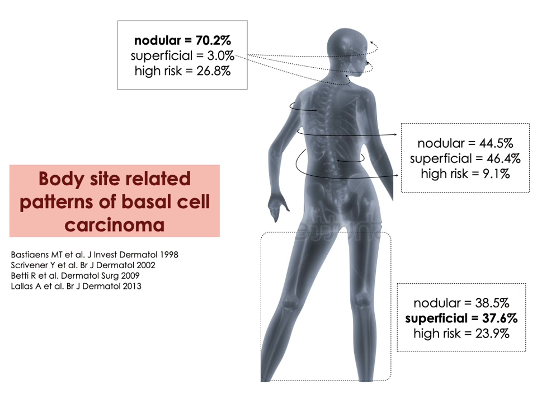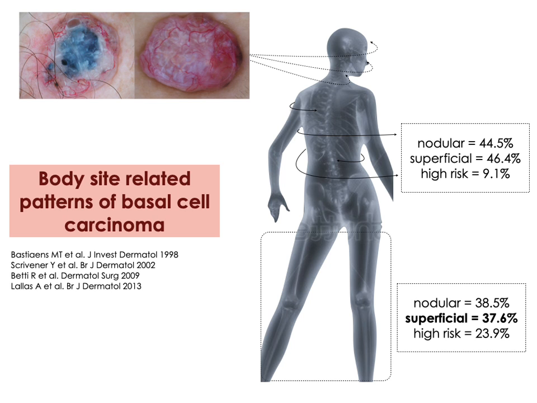And here you can see the distribution of basal cell variants according to body site. For example, on the head, you can see that nodular basal cell carcinoma is the more frequent variant. So dermoscopically, the main criteria that we can find are arborizing vessels and ovoid nest.